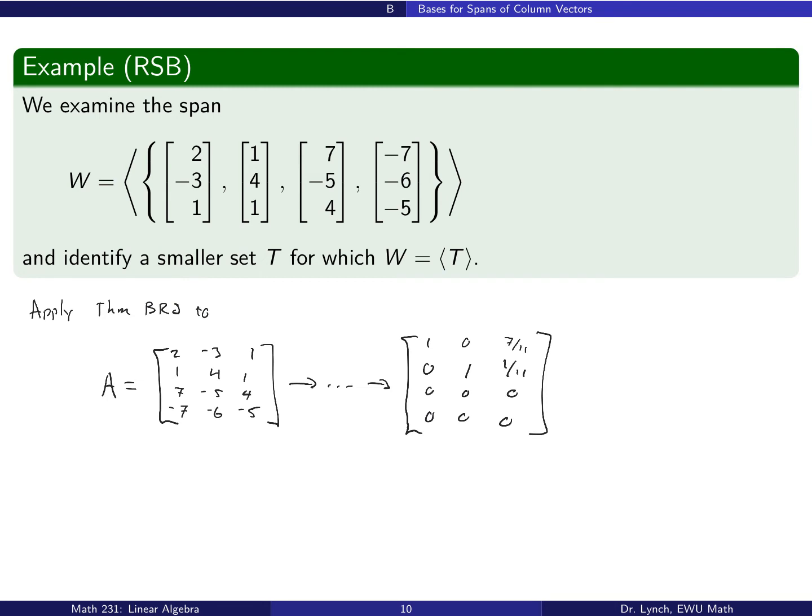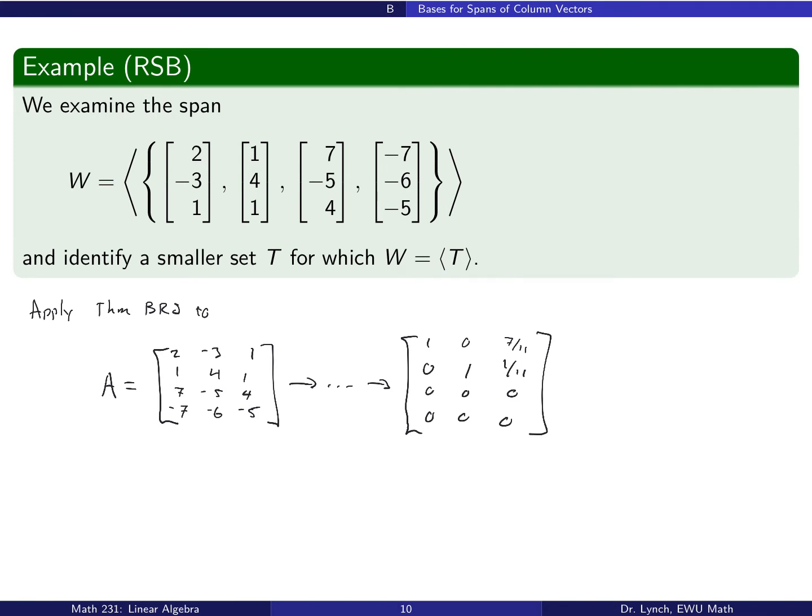So here I have created a matrix that has those vectors as the rows. We know that doing row operations doesn't change the span of the rows, so here I'm not changing the span of the row space.